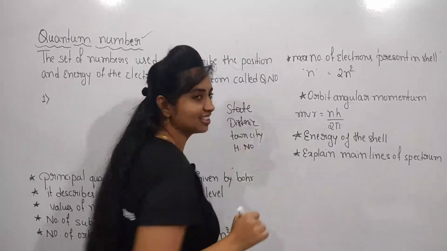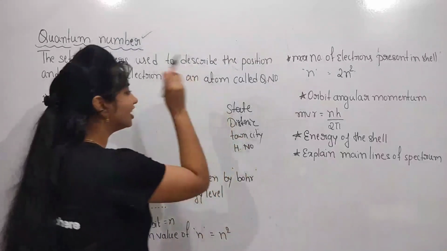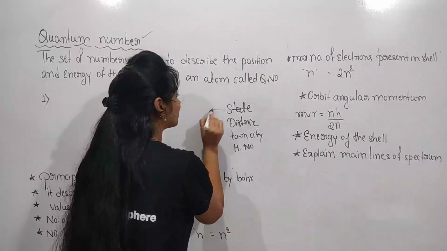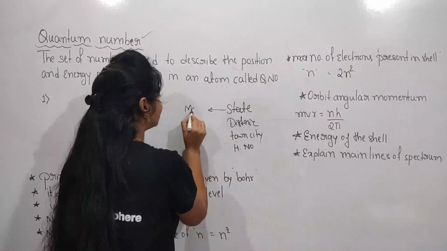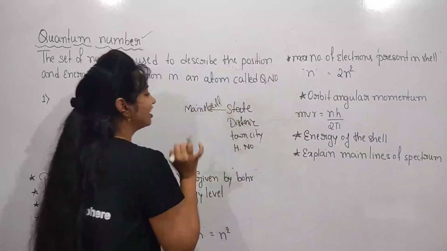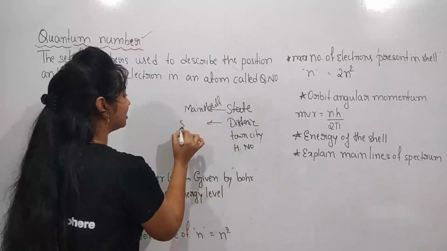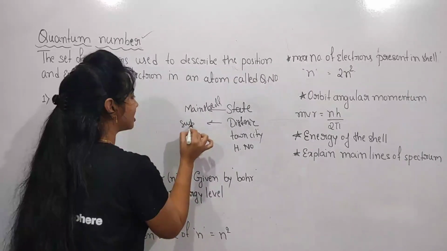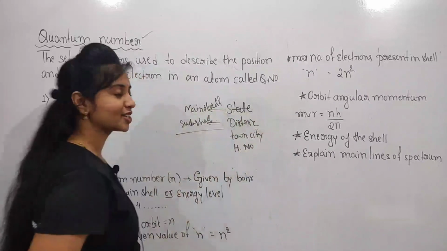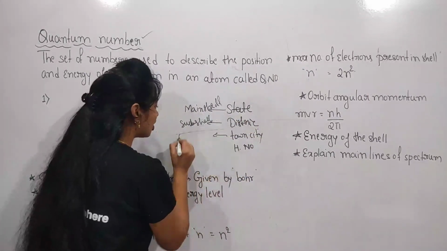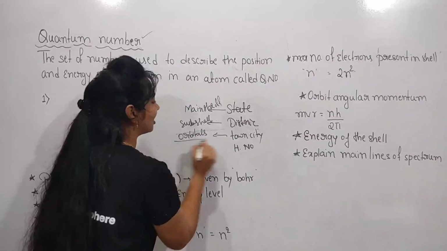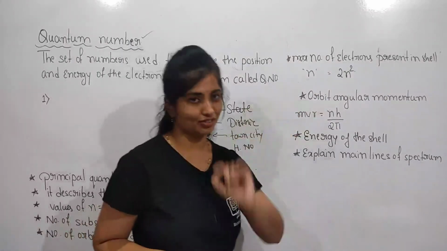So, like that, your electron also has one address. The electron's state is the main shell. The main shell is the state of the electron, and the subshell is the district of the electron, and next, orbitals are the town or city of the electron.